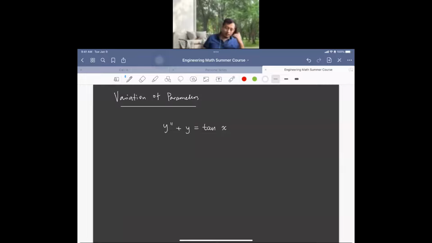But if you have tangent, if we consider tangent for a while, and we derive it, we get secant squared, right? If we derive again, what will we get? Using the chain rule, it becomes 2 secant squared x tangent x, right?